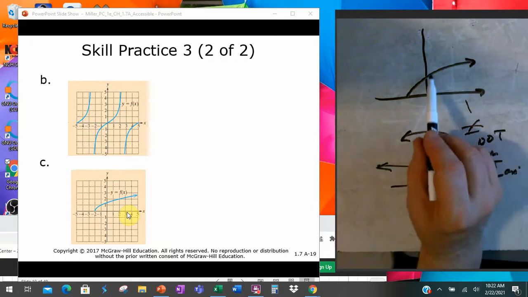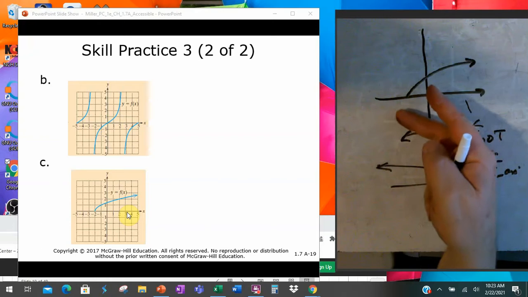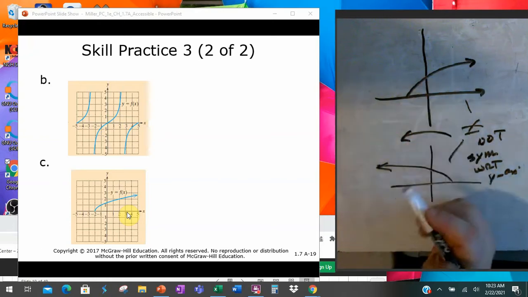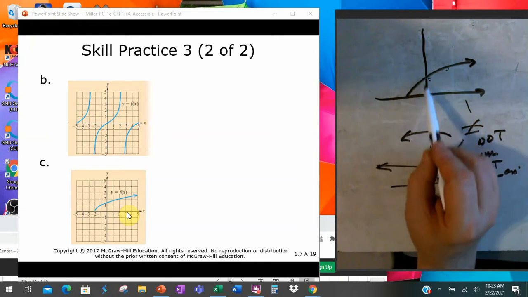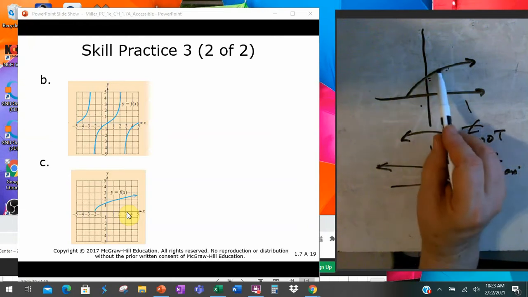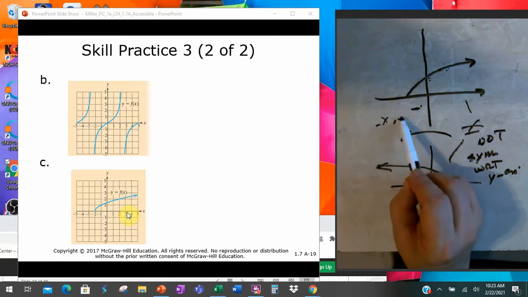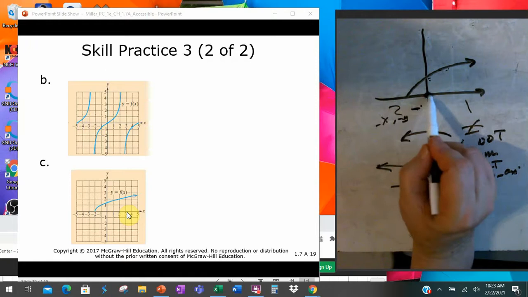And I would have a hard time trying to draw this as a reflection around the origin. When I go across here, if this is a positive x, positive y, I should have something negative x, negative y. So it's not symmetric with respect to the origin.